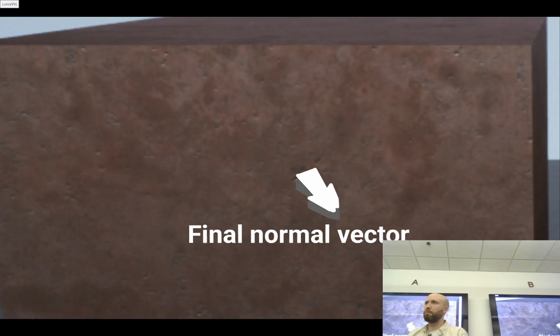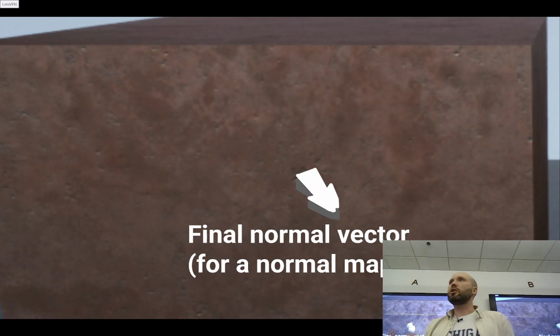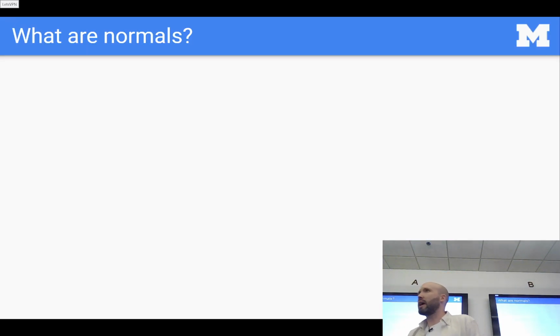If it's a little bowl, if we zoomed in on this little divot, you'd expect to see a bunch of normal vectors kind of going in like a bowl shape, okay? And so this is what a normal map is. It's a texture that stores basically surface-related data, angles coming out of the surface of your object, okay?